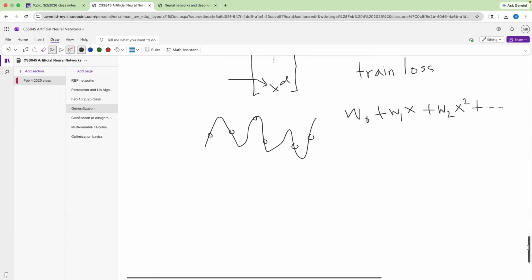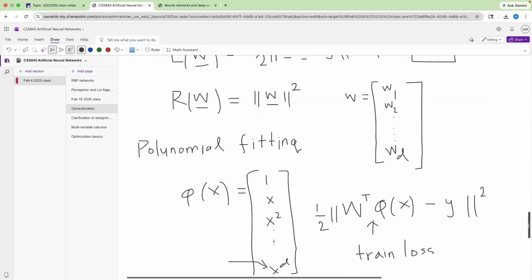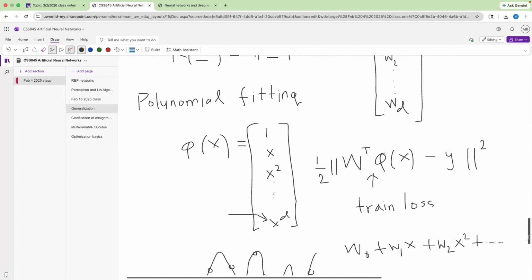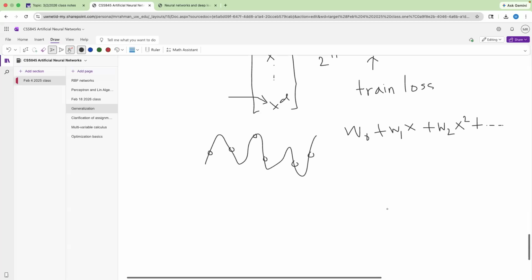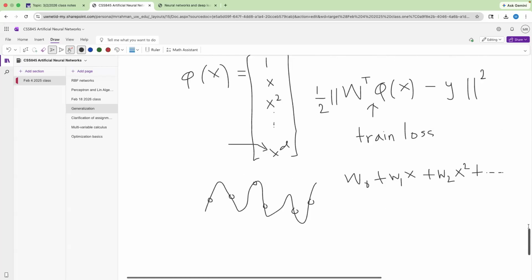So one way to lower the complexity is to put a bound on this norm, right? If you bound this norm or this regularizer term, then you're disallowing these weights to get really big, and that prevents you from fitting a really complex function to a simpler data pattern, right? So this is the idea of regularization.